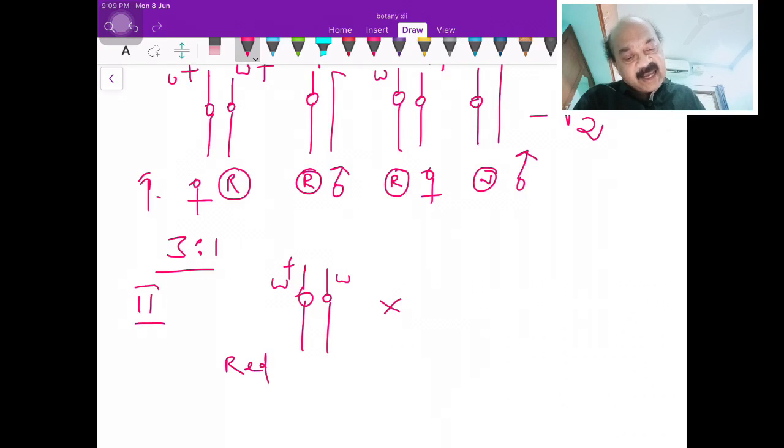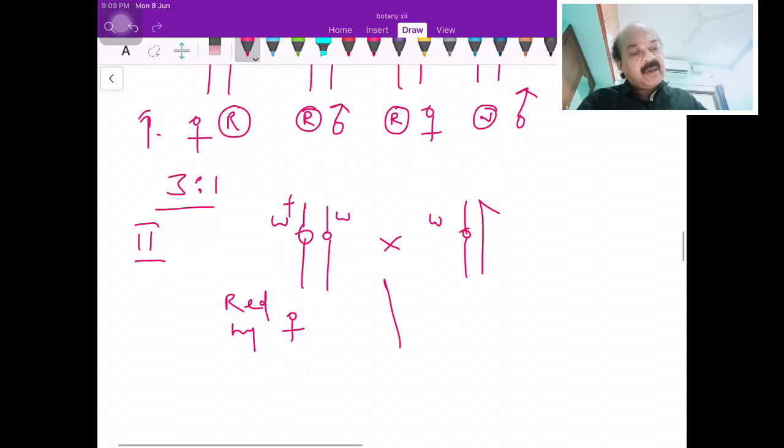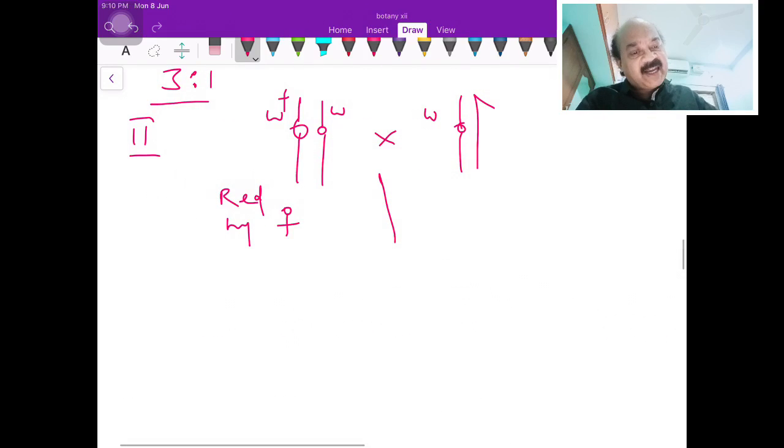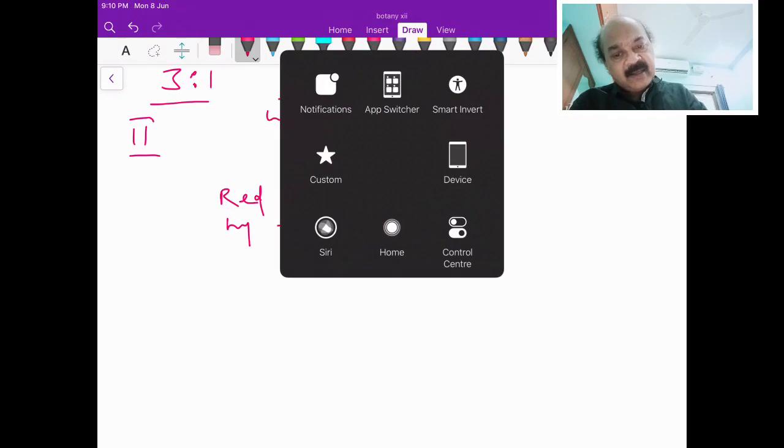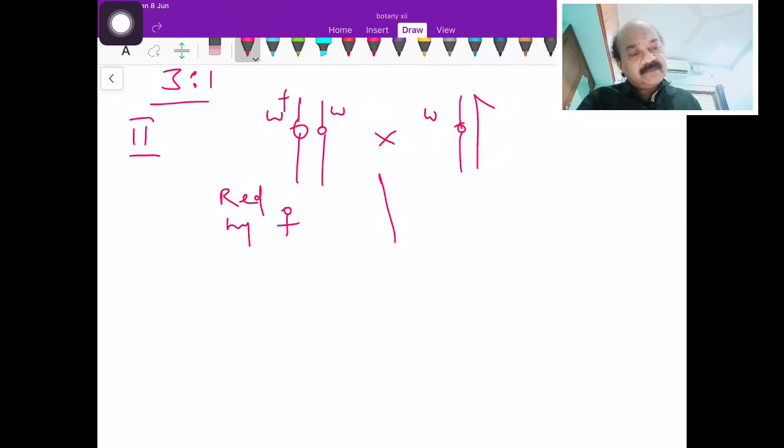When the red-eyed hybrid female is crossed with a white-eyed male, let us see the progeny.